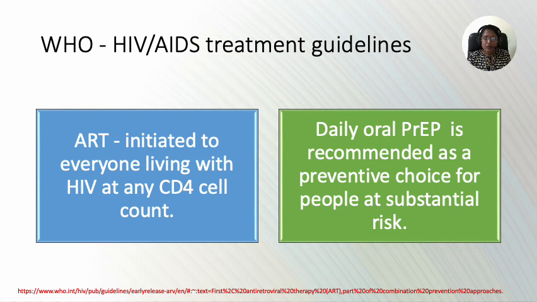The daily oral PrEP, which is the pre-exposure prophylaxis, is recommended as a preventative choice for people at substantial risk, so persons in healthcare who have to take care of HIV patients and so on. There's also PEP treatment, which you might hear about when you reach your clinical years. This includes the post-exposure prophylaxis that would be given to patients right after an incident such as a needle stick.